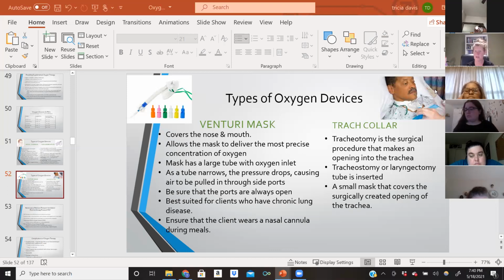Sometimes it's reversible. Sometimes it's permanent. So you can have a tracheostomy or a laryngectomy tube inserted, and then that mask covers that area of the trach, and it provides oxygen. Some people with trachs don't need that oxygen. They're completely fine on room air. Some people require that oxygen. It's really a case-by-case basis.